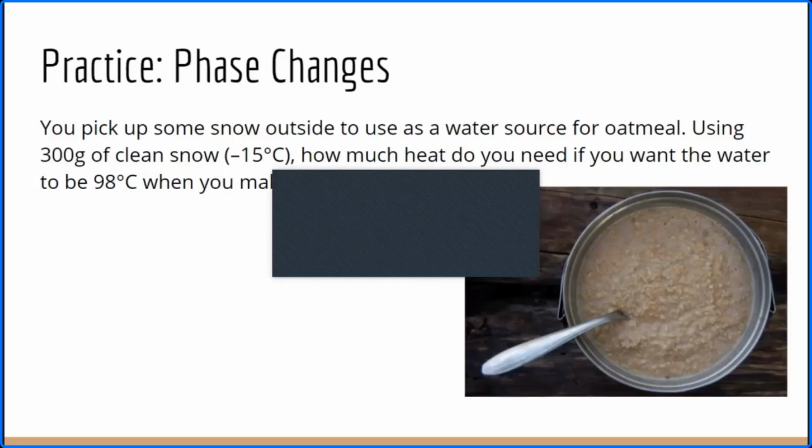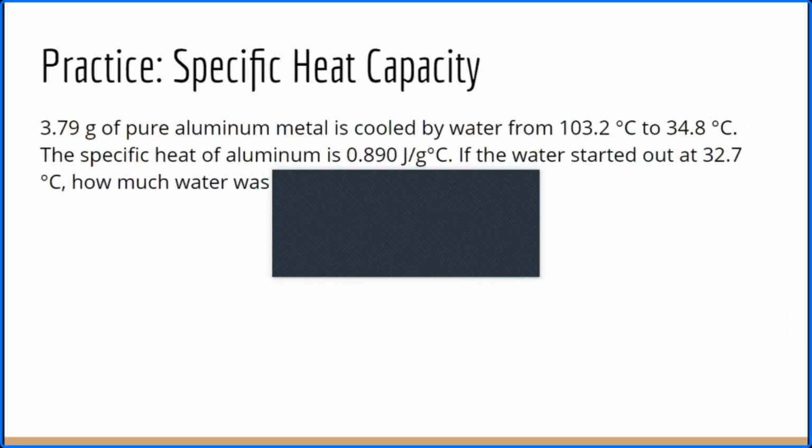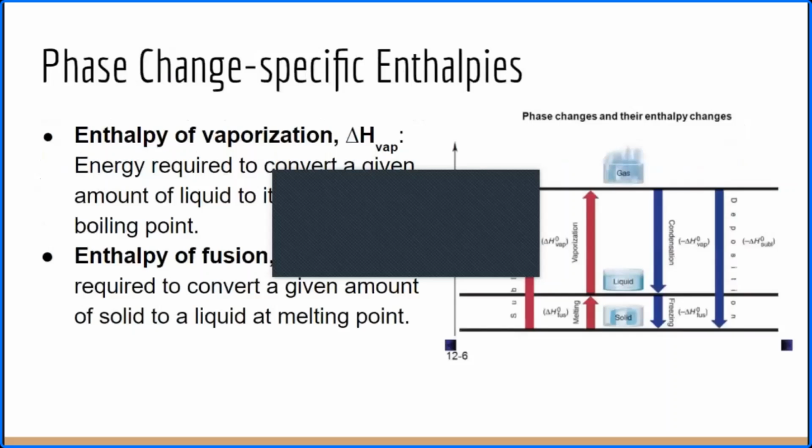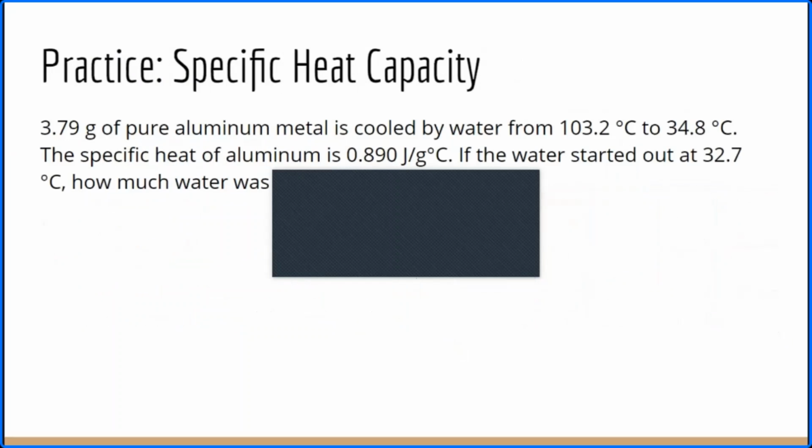We have a step in which we need to heat it up to its melting point, and then at that melting point, as we saw earlier, we're going to have an enthalpy of fusion, and that enthalpy of fusion is going to be multiplied by the amount of moles that are associated with it, so that we can figure out how much energy is needed there.